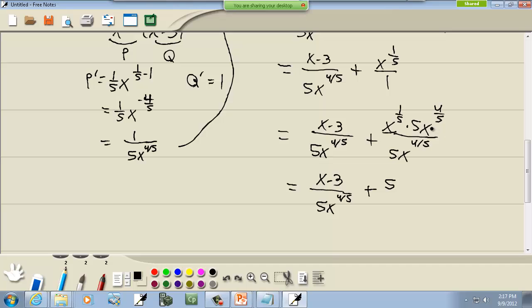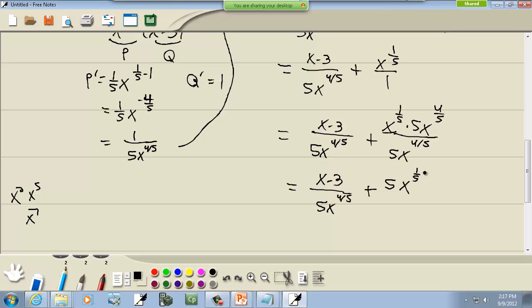If you've got x to a power times x to a power, you add the exponents. If you think of a simpler example, like x squared times x to the 5th, that gives you x to the 7th. No different here. In fact, these are fractions, and it still holds true. So 1/5 plus 4/5 gives us 5/5. Actually, let me show the steps.